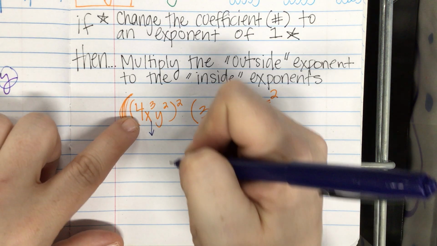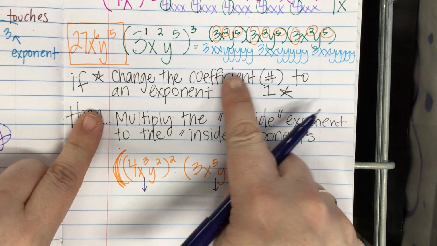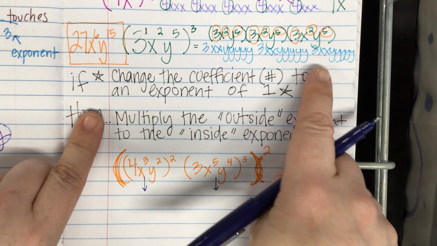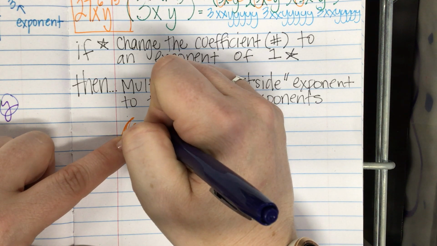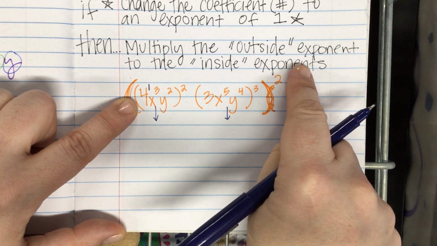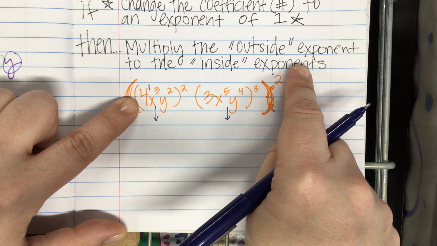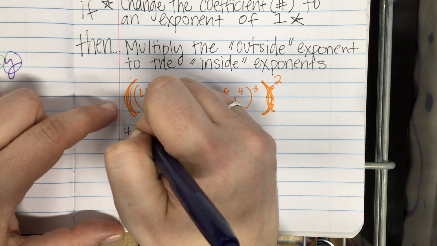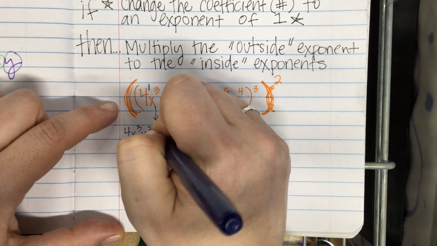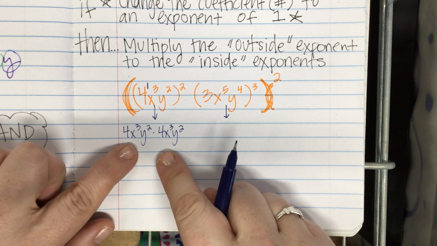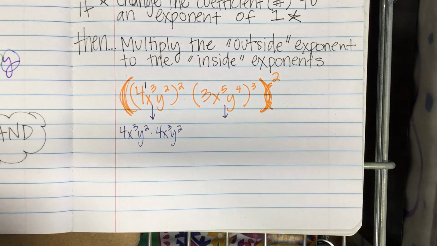Or I can change my coefficient number, right? Coefficient is the number, to an exponent of 1. And multiply the inside exponents. Or if you really wanted to, you could write 4x to the third y squared times 4x to the third y squared. This is the same thing as this. Do you agree?